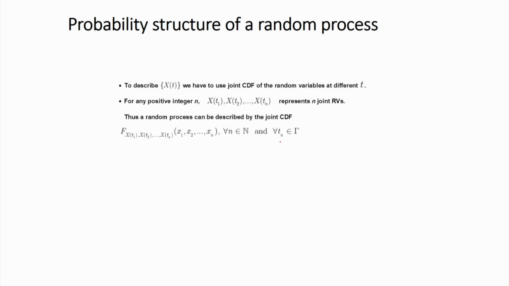And not only that, on the time axis we can take t1 here, t2 here, like that, tn somewhere here, but we can keep t1, t2, etc., anywhere on tau. So, another complexity is introduced.